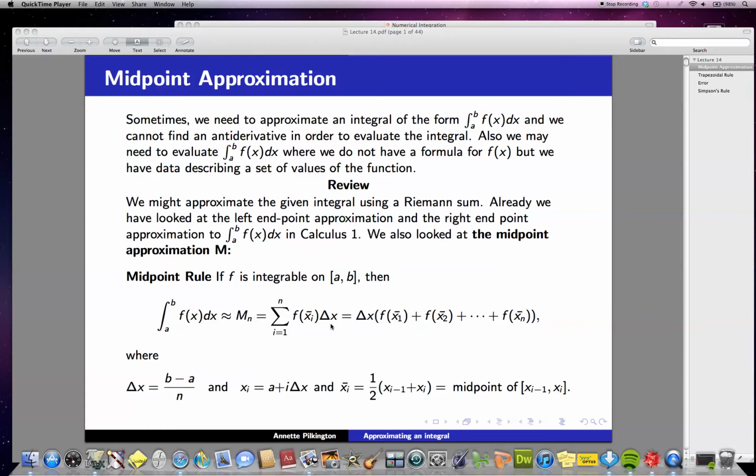And delta x will be the length of the base of the approximating rectangle, and it will be the length of the interval, b minus a over the number of approximating rectangles. And so the formula expands to delta x times f evaluated at the midpoint of the first approximating rectangle plus f evaluated at the midpoint of the second, etc., plus f evaluated at the midpoint of the nth approximating rectangle.